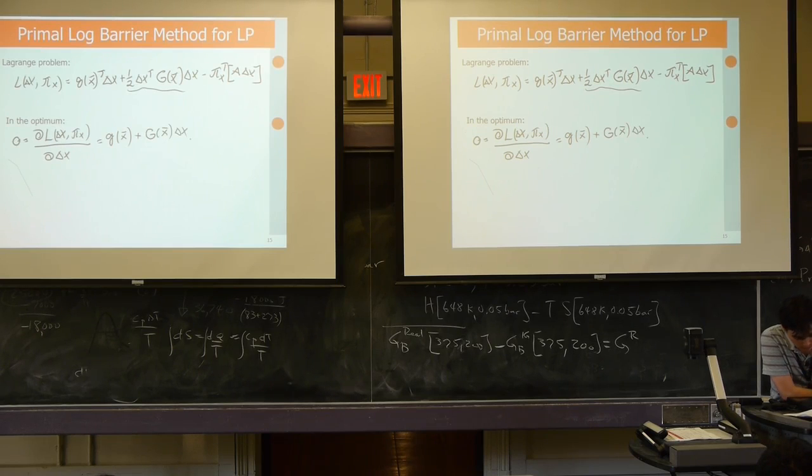And the derivative of the last term with respect to delta x is A transposed, very good, pi of x. So we know that this is 0.